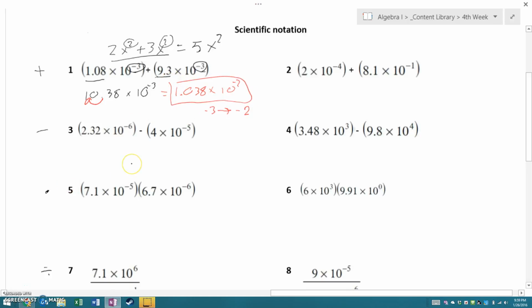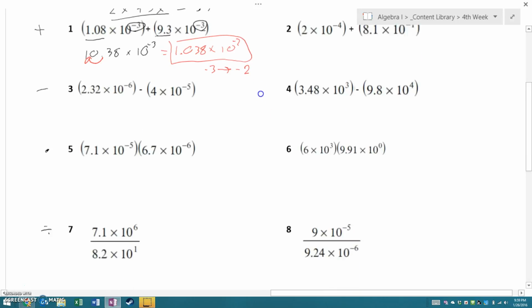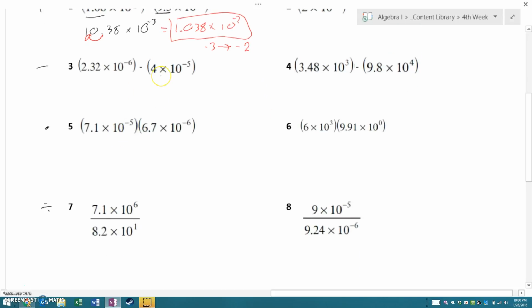I'm going to kind of blow through these other ones. Our basic idea for 3 was, it's still subtraction. You still have to have matching exponents. I don't here, so I'd have to adjust the exponents. So I'll take this first one and I'll increase that to a negative 5. Now, because I'm increasing the exponent, that means I'm going to have to decrease the actual number.